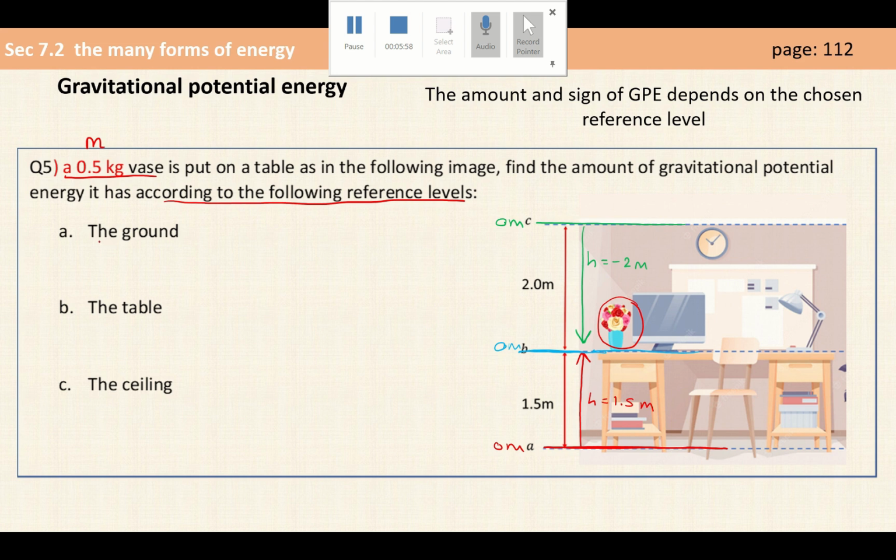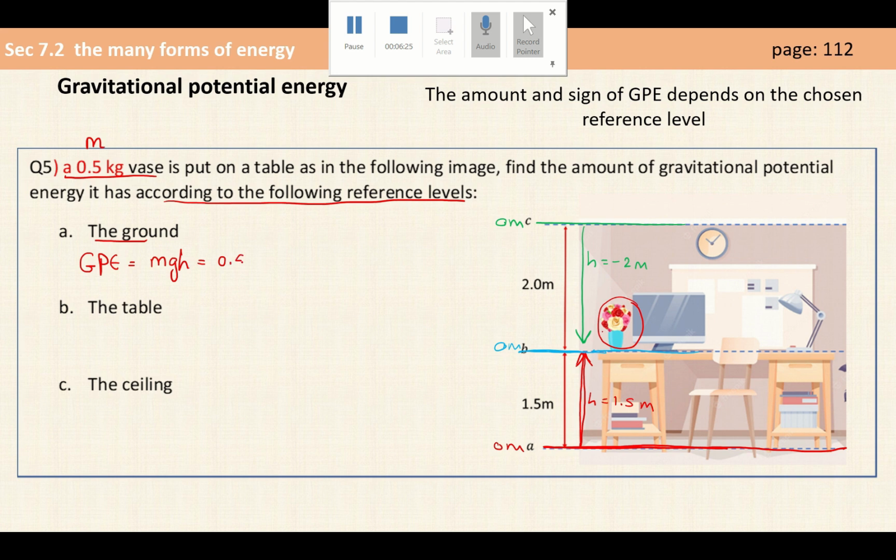The first reference level chosen is to be the ground. So here we're measuring the heights and depths from the ground. In this case, you can see that this vase is 1.5 meters above the ground. Hence, to find the gravitational potential energy in the vase, we will multiply mgh.